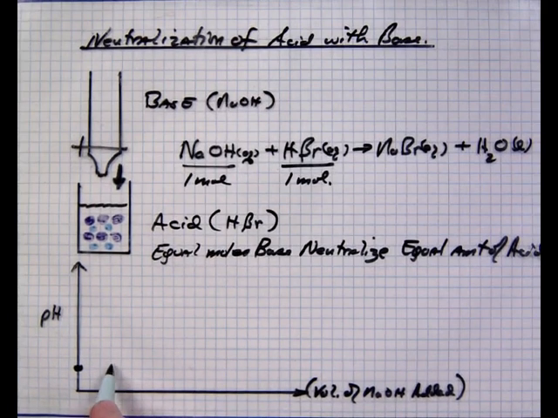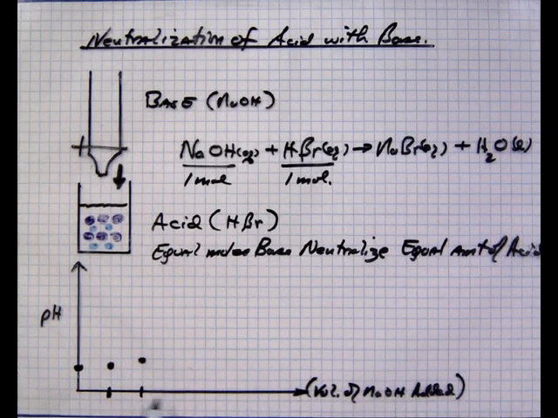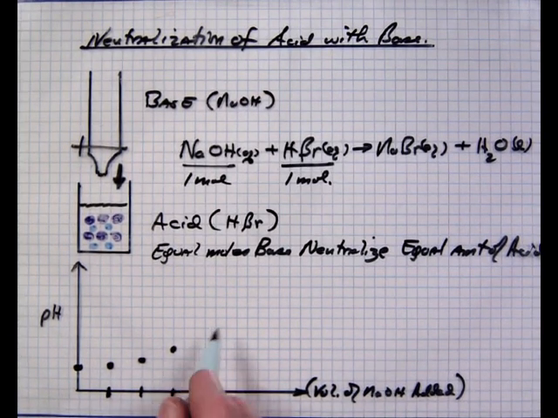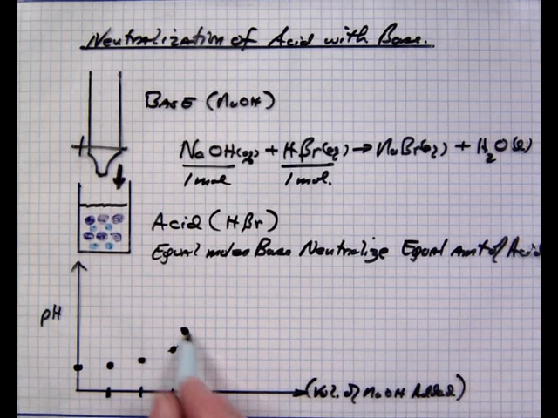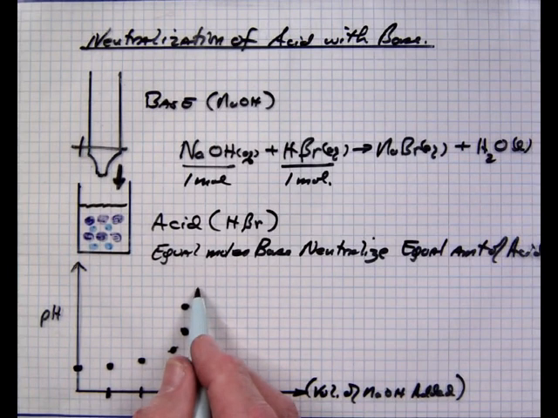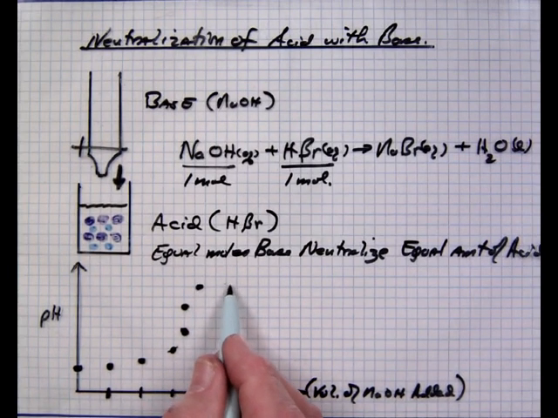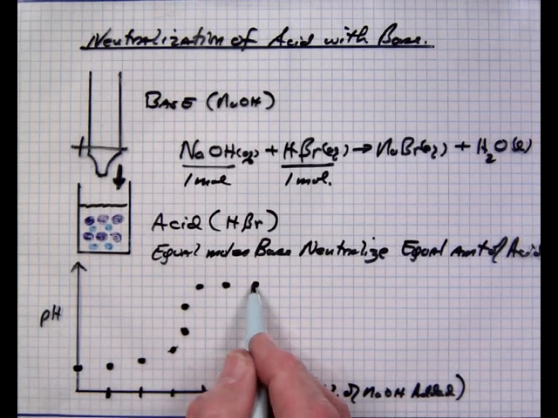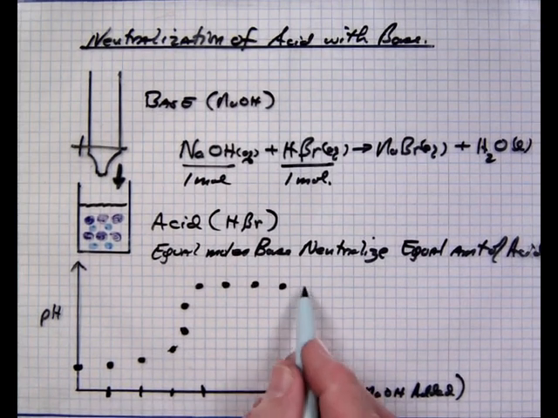It's going to neutralize some of the acid, so we'll be there. And then if we add some more, we'll continue to neutralize the acid, and then it'll reach a point in here in which it will start going up very quickly. Let's try right in here, and then we'll go up to right here, and then we'll start leveling off about here, and then we'll show a trend as shown here.